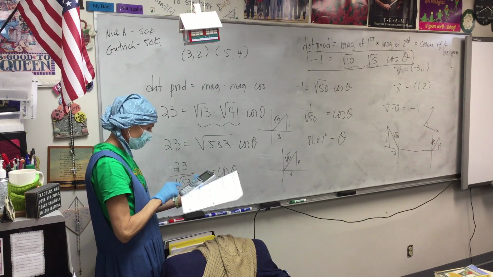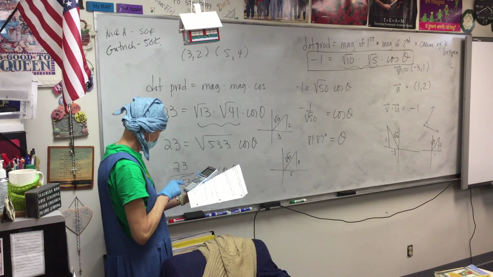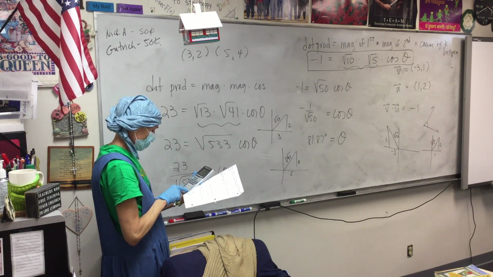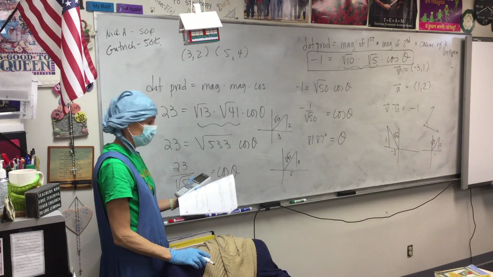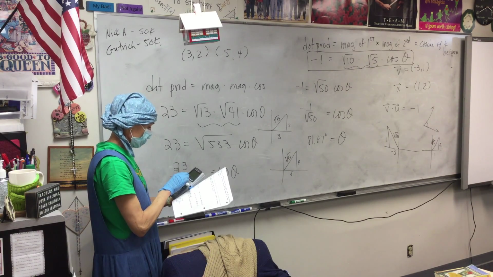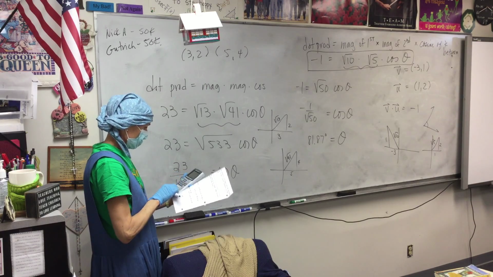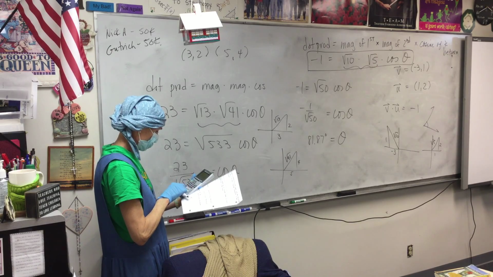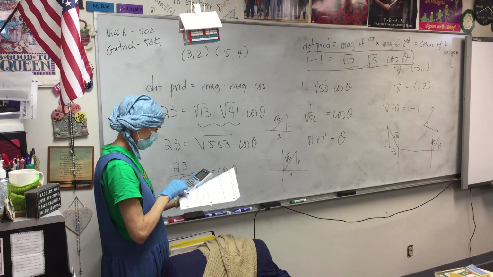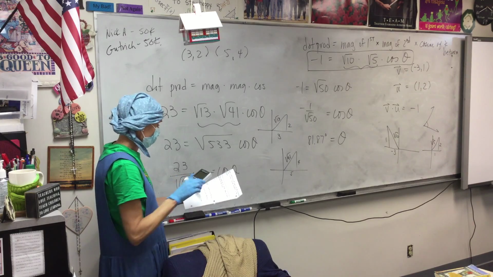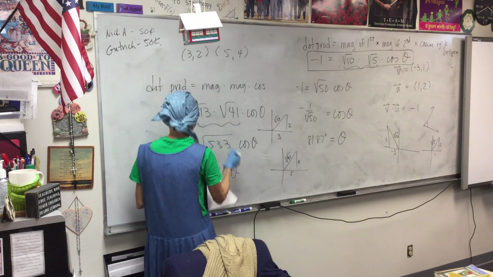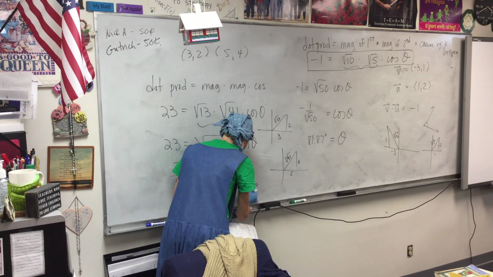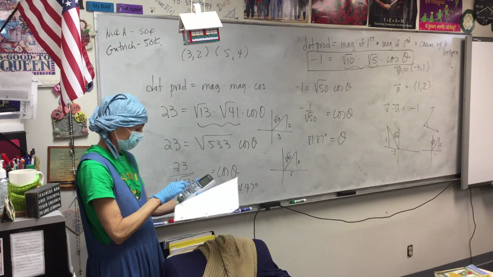And then we'll go to our calculator, and what do we type in? What buttons? Second cosine. And I came up with 4.97. Anybody match that? That's a very tiny angle.